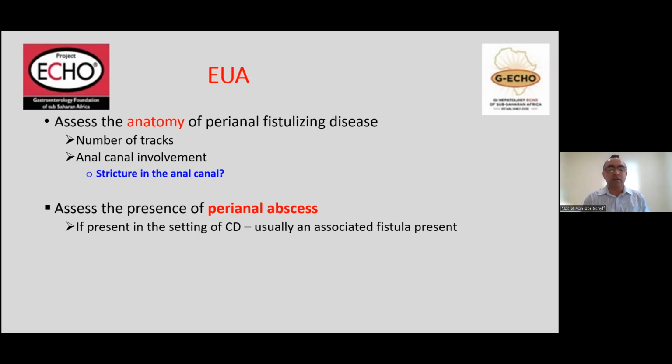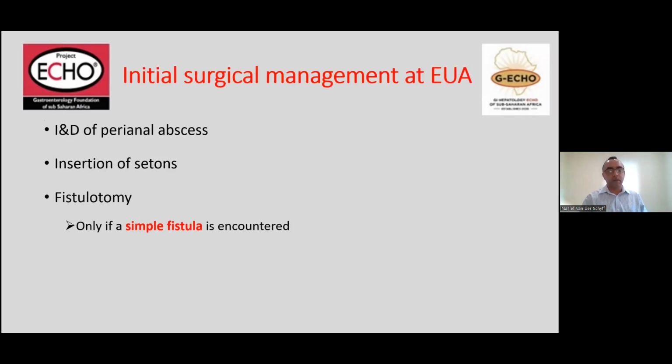Importantly, is there a stricture within the anal canal? They also assess for the presence of peri-anal abscess. Generally, if there's an abscess in this context, in most cases there's a fistula present, but often the fistula can only be identified afterwards once you have drained that peri-anal abscess.